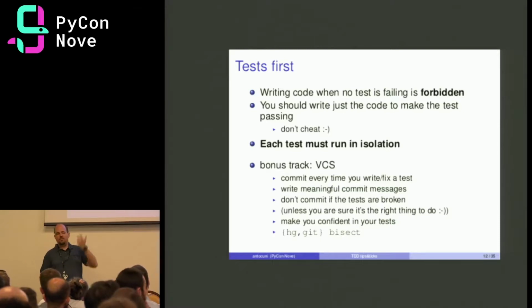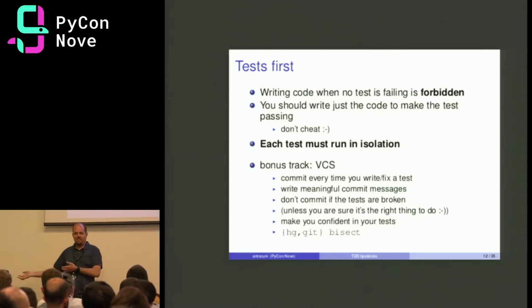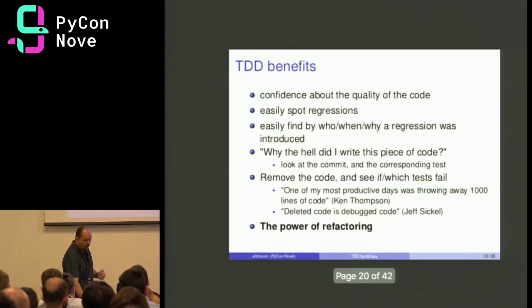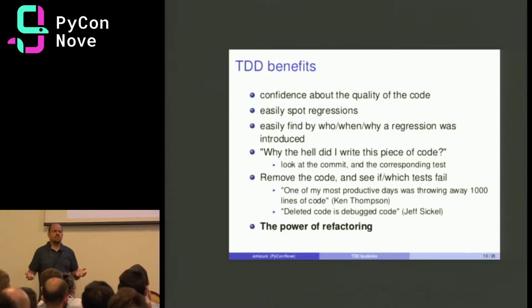And when in the future you ask, okay, why did I write these 2 lines of code, what are they doing? By looking at the commit, you see what the test is, and you can understand why they were written. Or you can also try, for example, to just comment out the lines of code which you are not sure what they do and see which test breaks.